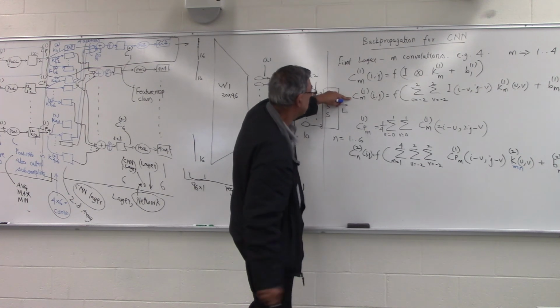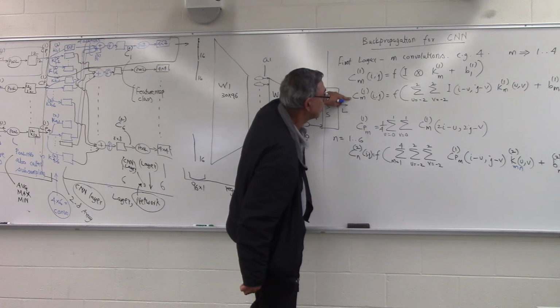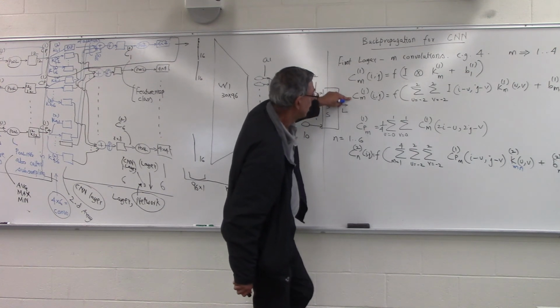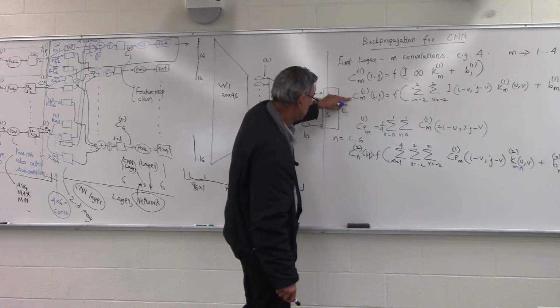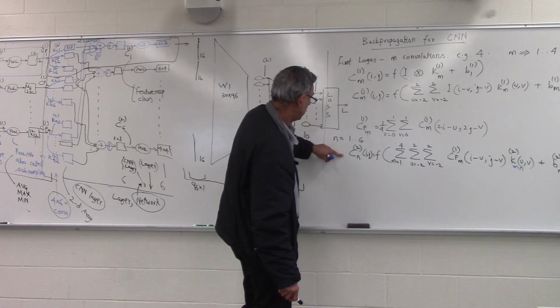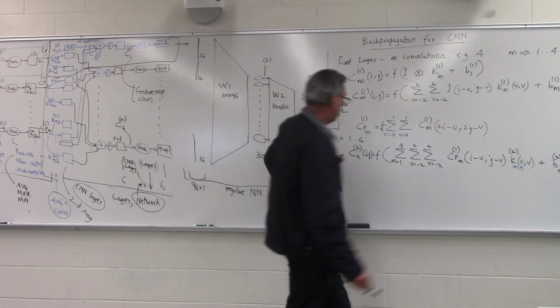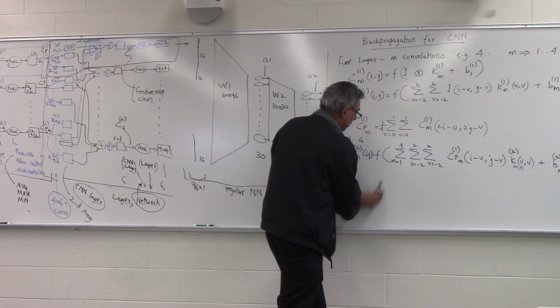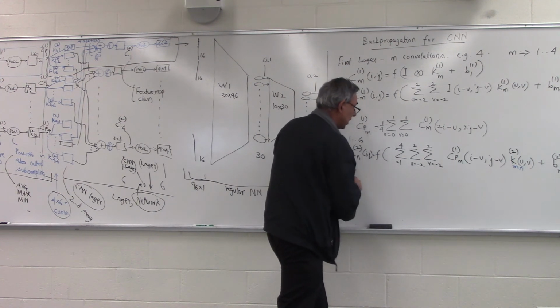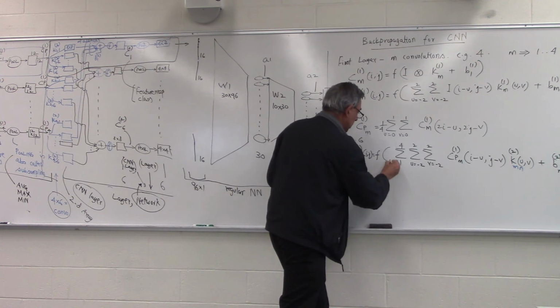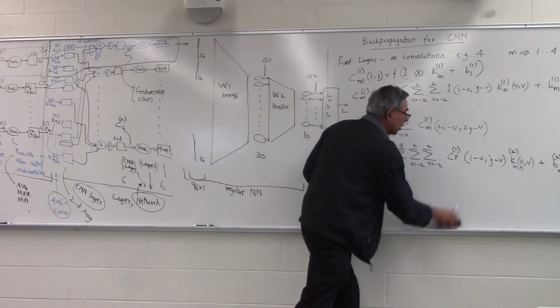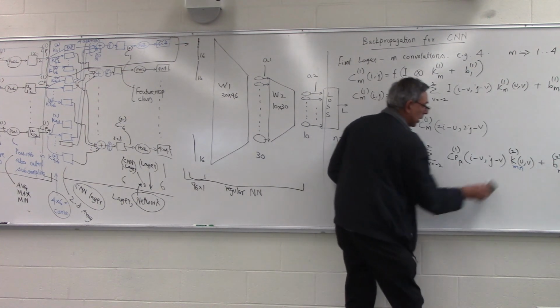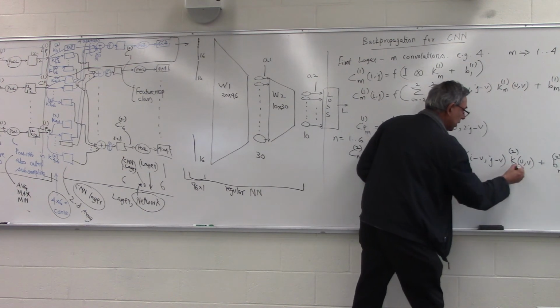Oh, this one over here. Okay, let's call it P over here, if that makes you feel a little bit better. We can call this P. Will that be better?